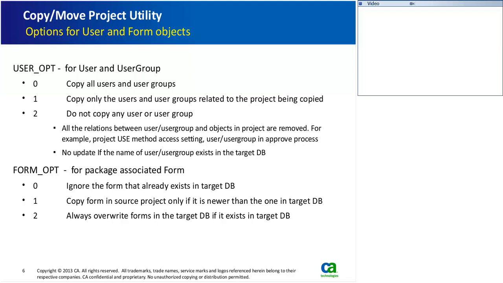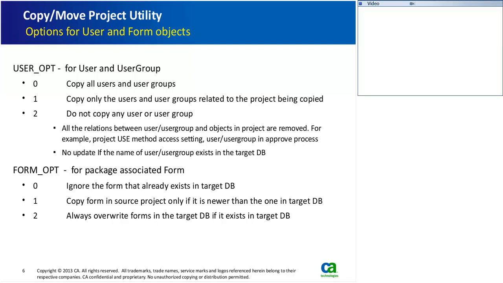Because you have some specific project groups you created, and then we can only copy those over. Depends on what you plan to do with these user groups, because you may have two completely different user groups in different databases, so you can decide which way you want to go.